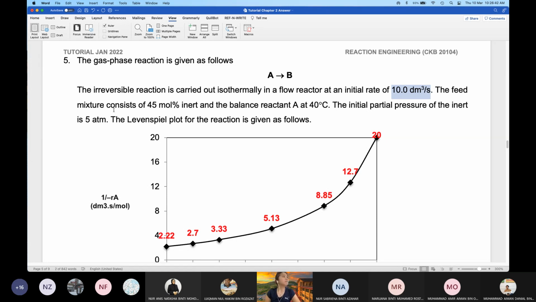Okay. The feed mixture consists of 45 mole % inert and the balance reactant A at 40 Celsius. So can you see this part?